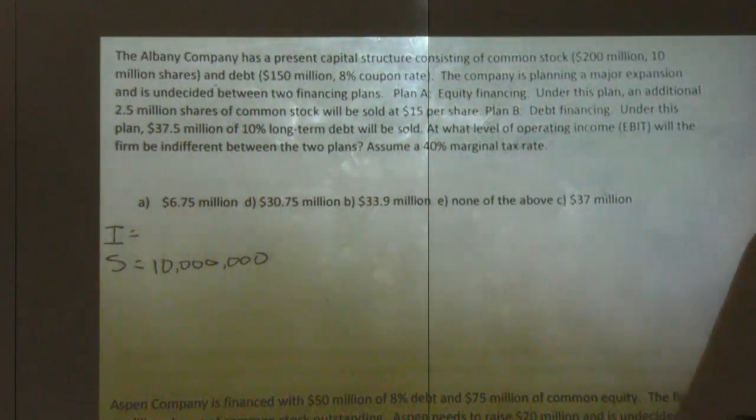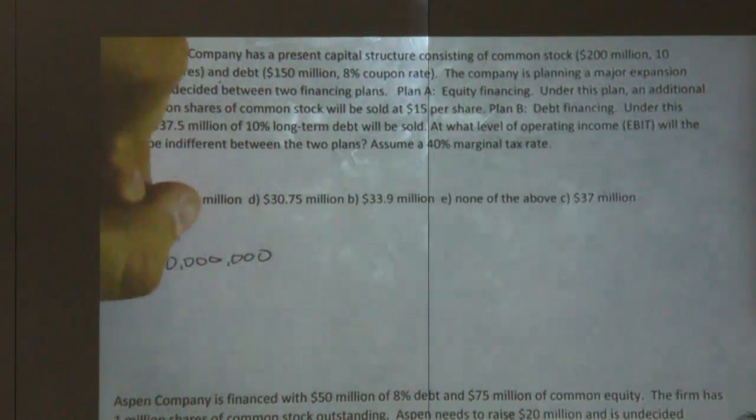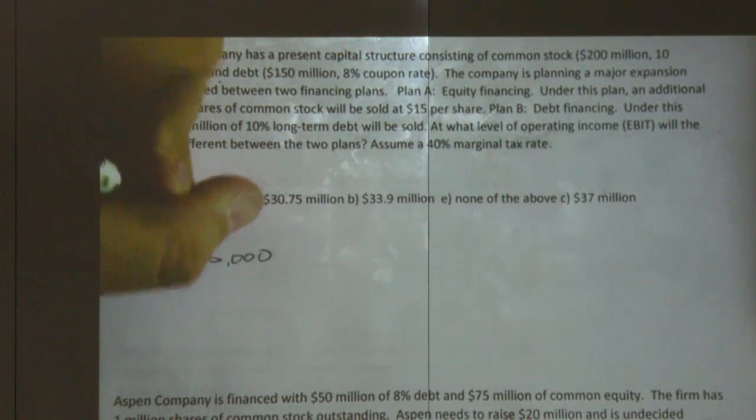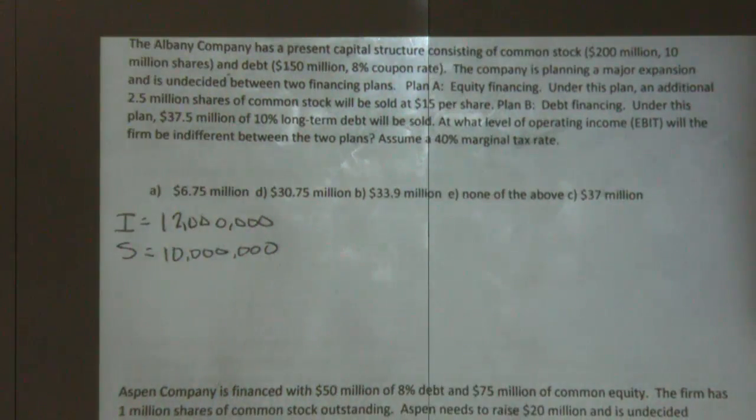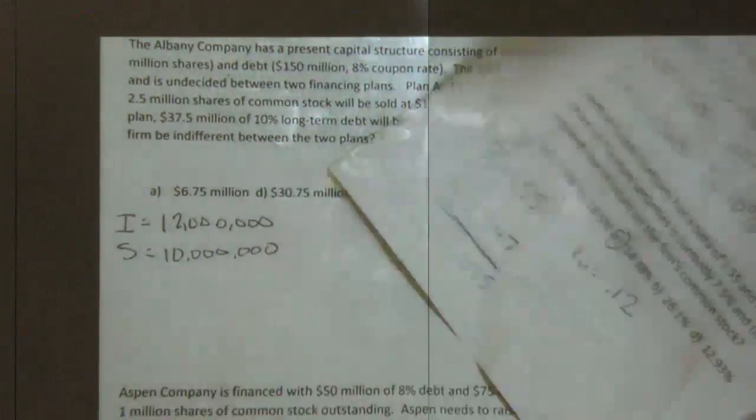And that should give you an existing interest of 12 million. This is just telling us what we're at right now, and we have two plans that are going to change up those numbers.